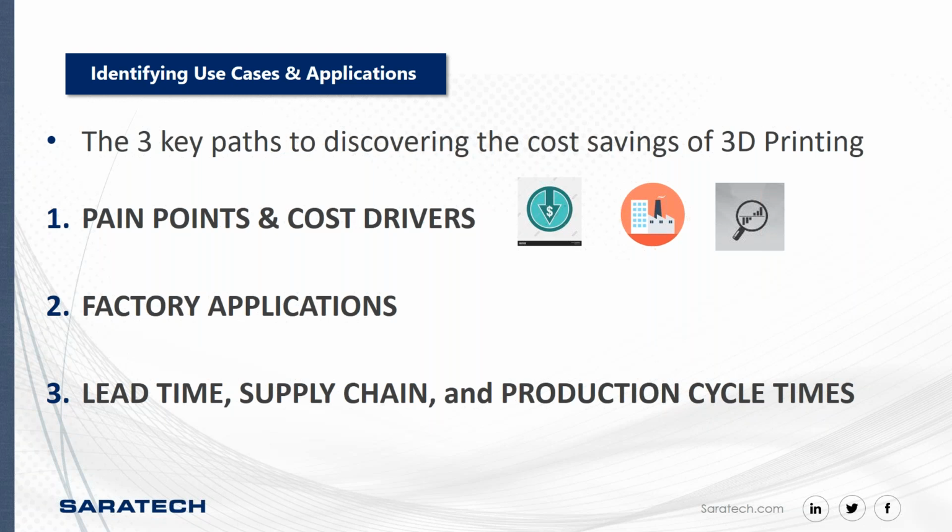Thank you. So the first step we were alluding to is how to begin to look for use cases and applications. There's three core paths that you can go down. First one being pain points and cost drivers. This one's relatively easy. A lot of times when you have something in the business that you continue to hear about day after day, week after week, that's going to be an example of a pain point.